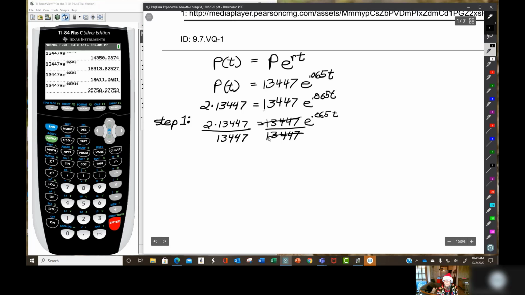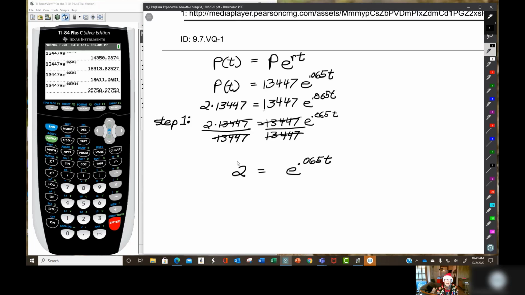And they cancel out, which is the whole idea. But look what happens over here. The 13,447 cancels out. And so what we're going to be left with is 2 equals e to the 0.065 t.